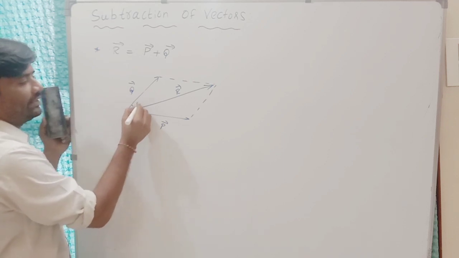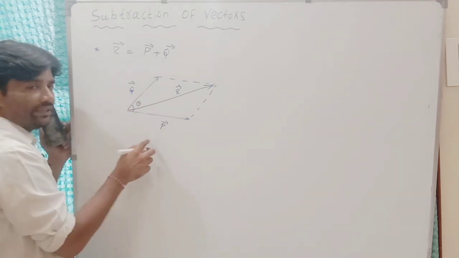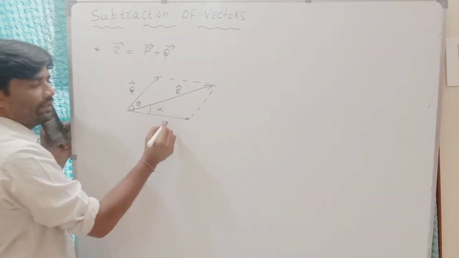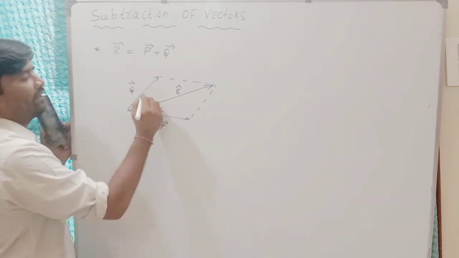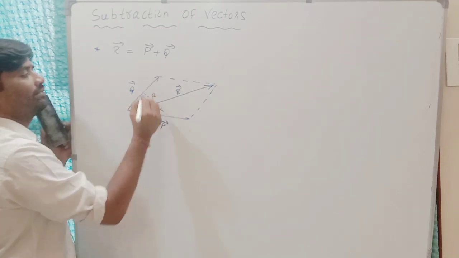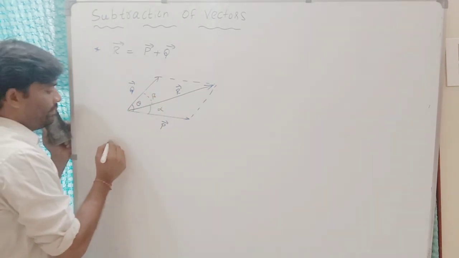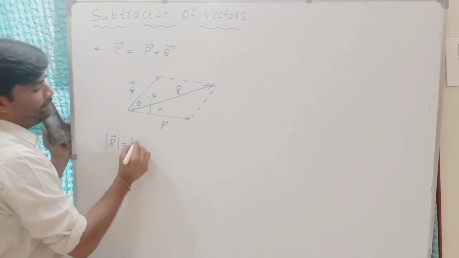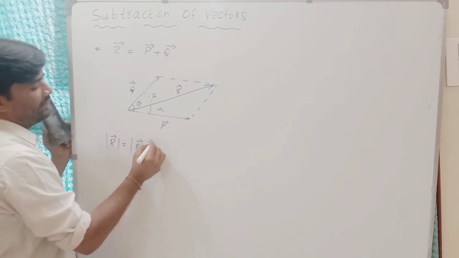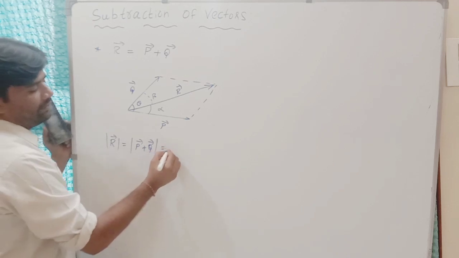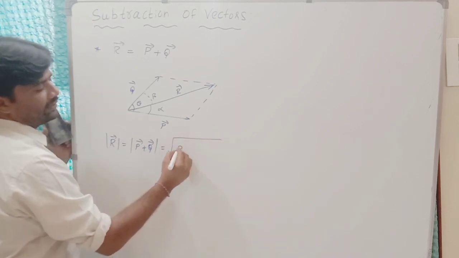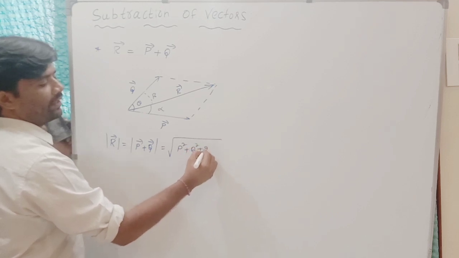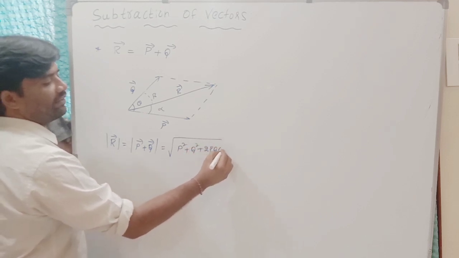If the angle between these two vectors P and Q is theta, and the angle made by this R vector with the first vector is alpha, and with the second vector is beta, then we have derived the magnitude, or mod of P plus Q, which is the same as mod of R, equal to under root of P square plus Q square plus 2PQ cos theta.